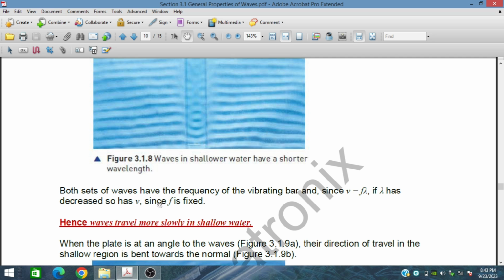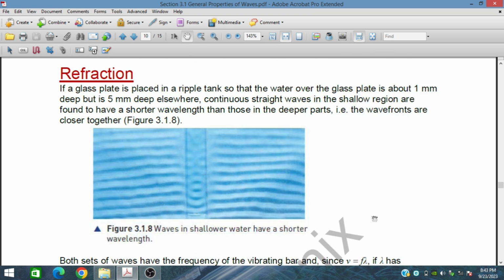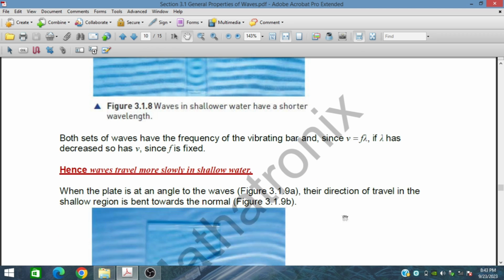Since f is fixed and lambda has decreased, the velocity will decrease. Hence the wave travels more slowly in shallow water.